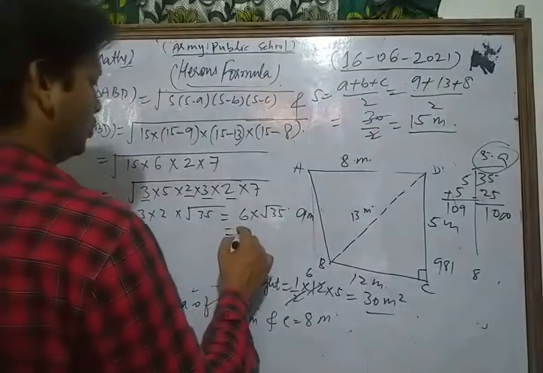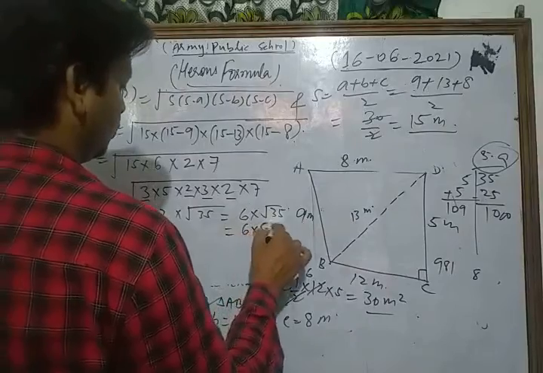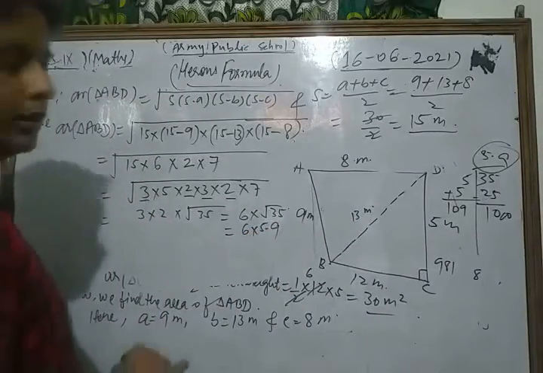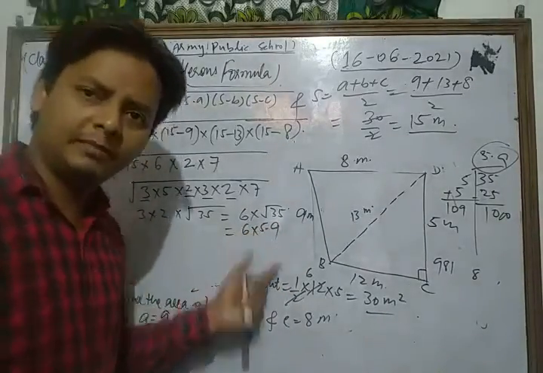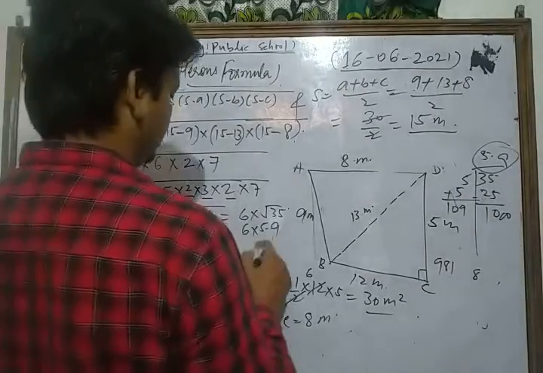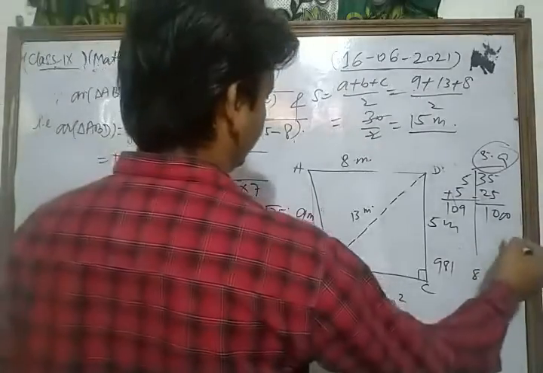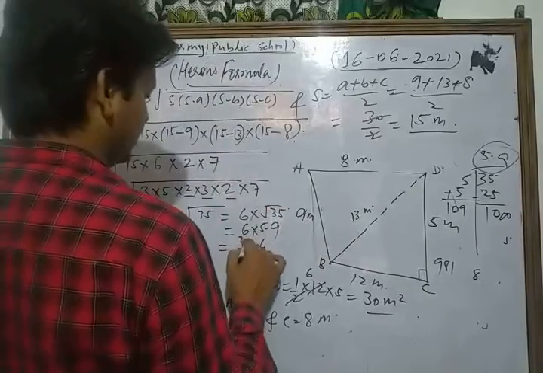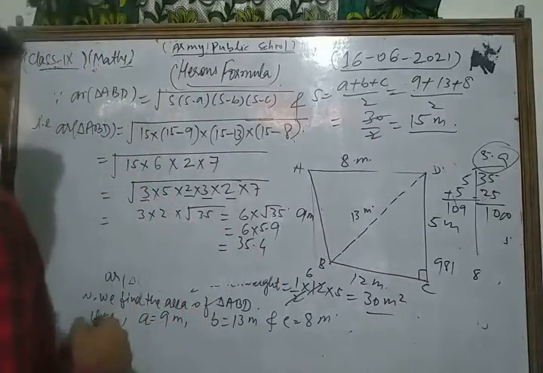So 6 into 5.9 something. Now we multiply them, so we get 35.4.